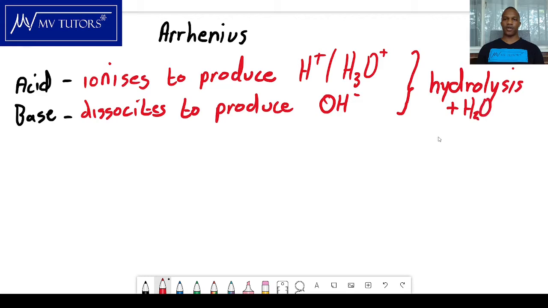When you add water to an acid, it will always produce H3O. When you add water to a base, it will always produce OH. So whatever produces H3O is an acid, and whatever substance produces OH under hydrolysis is considered a base. Let's look at an example.